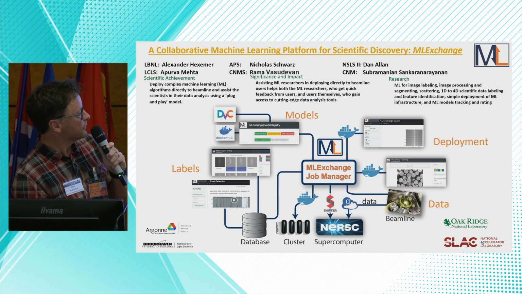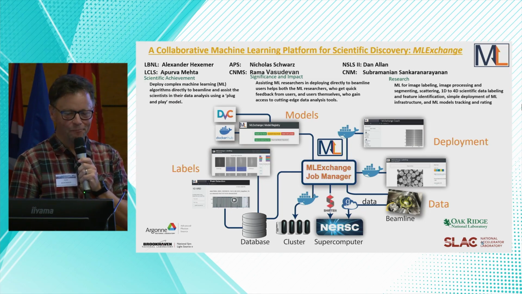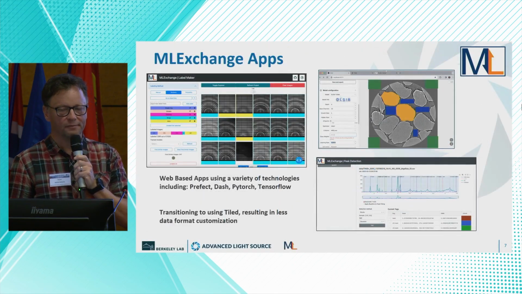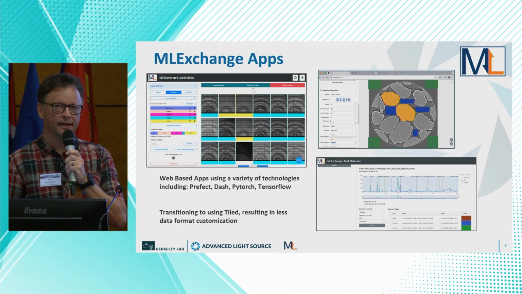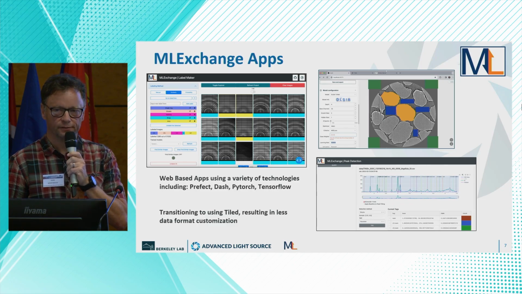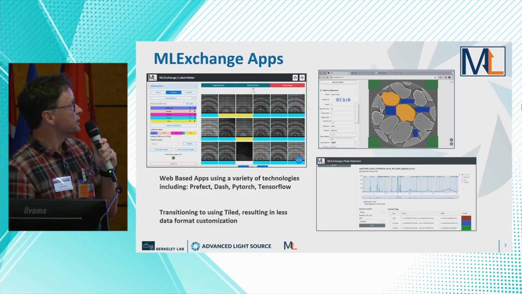Don't worry, I have a much simpler diagram in a later slide. But one of the major focuses of the ML project is to try and integrate some of the applications directly at the beamline and make them available for beamline users.